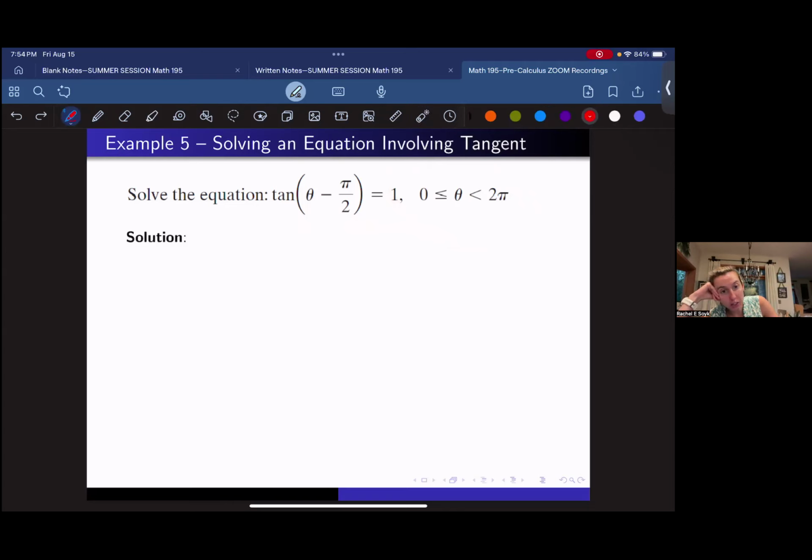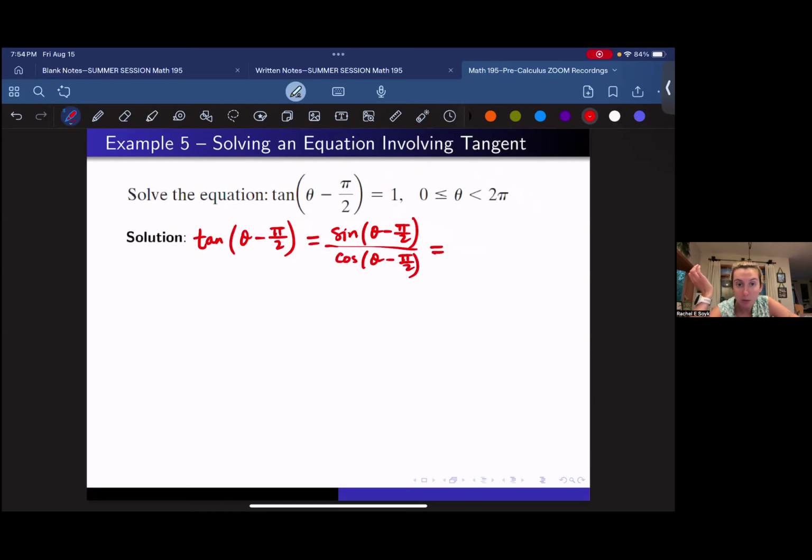What do we know about tangent? That's just sine over cosine. So why don't we rewrite our tangent of theta minus pi over 2 to be sine of theta minus pi over 2 divided by our cosine of theta minus pi over 2.